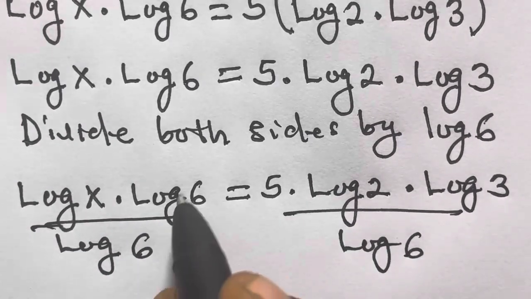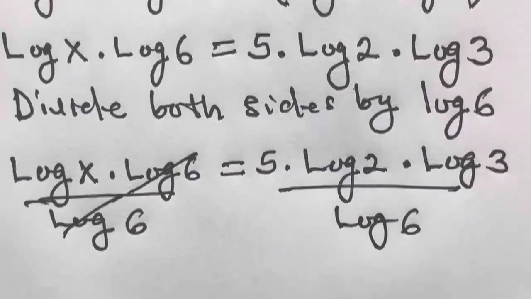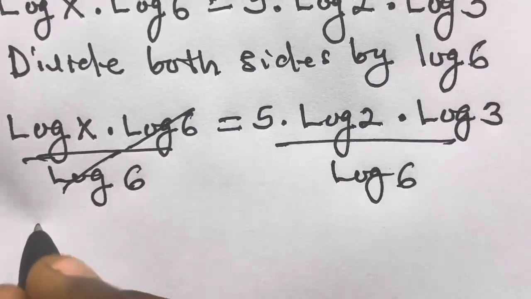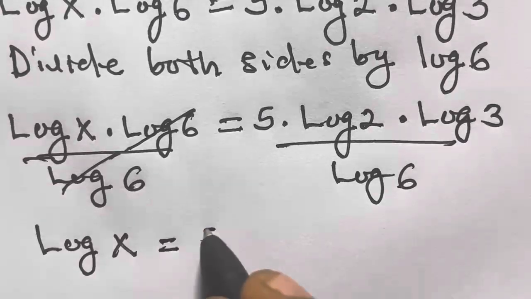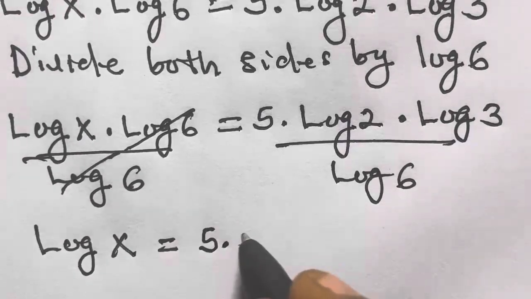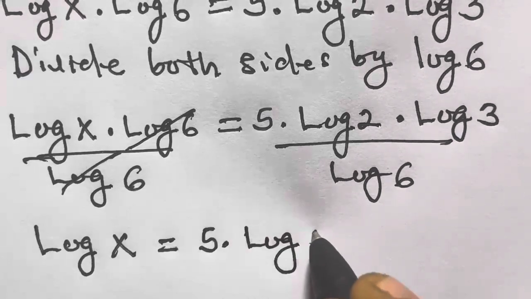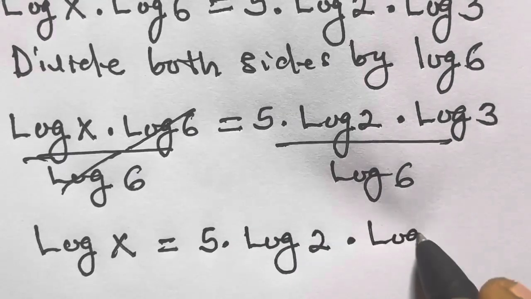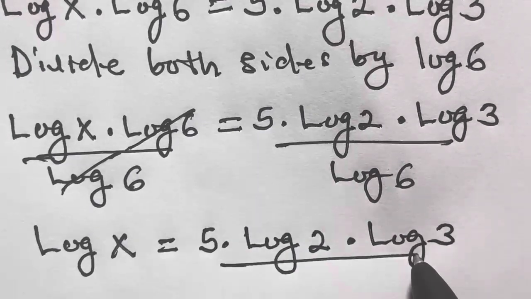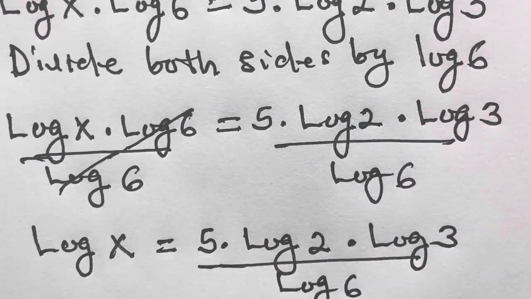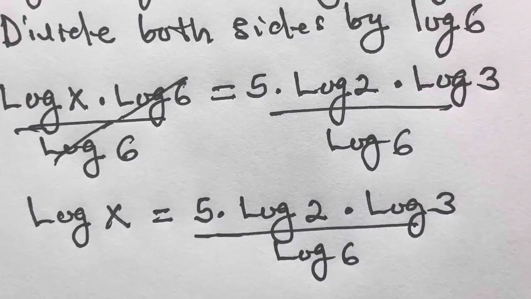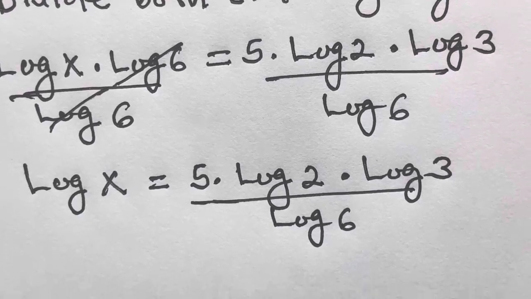We cancel log 6, so we will be left with log x equals 5 multiplied by log 2 multiplied by log 3 divided by log 6. There are two ways to find the solution from here.